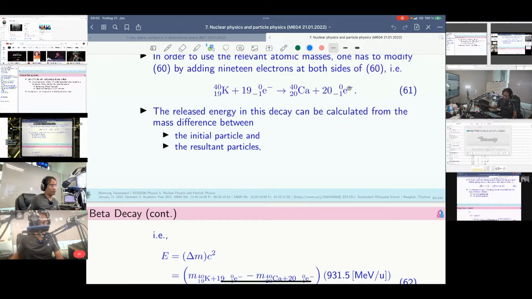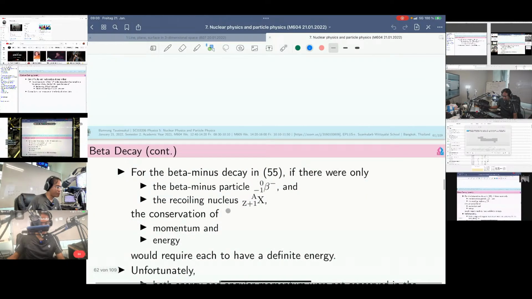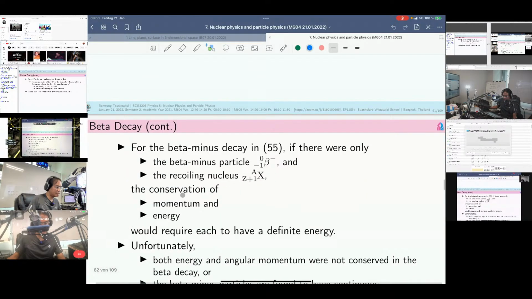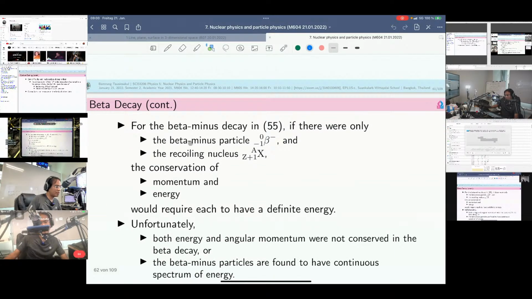All right, let's move to the next one. Beta minus decay, the electron, right? Beta minus is denoted by -1, 0, because the number of protons is negative.